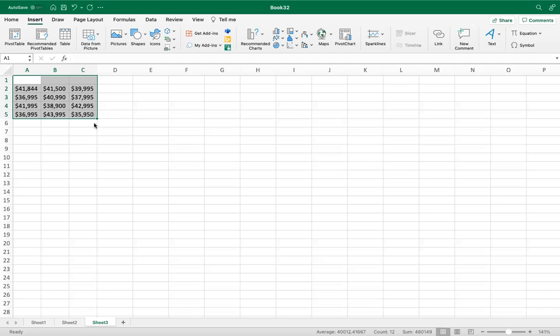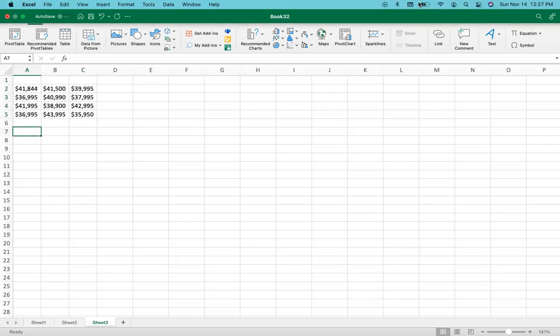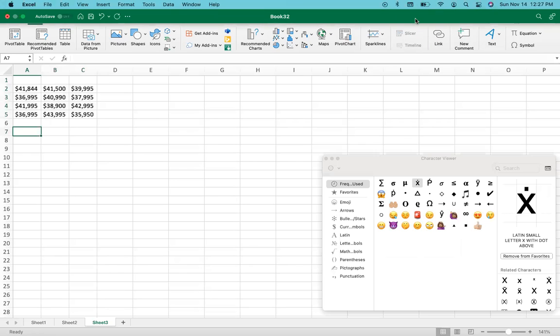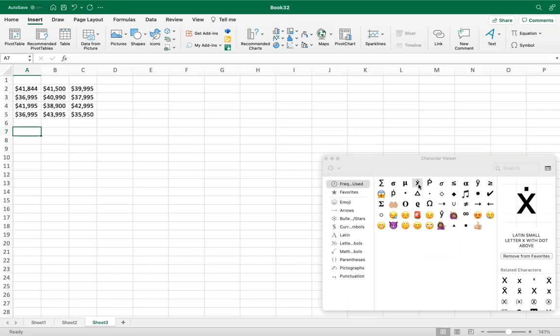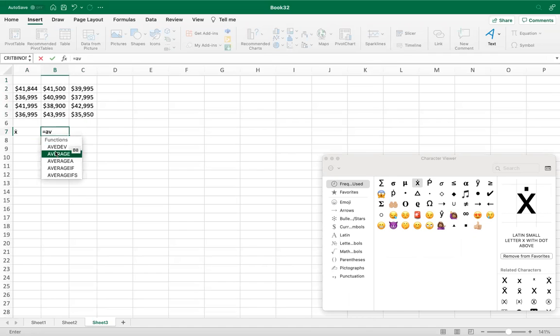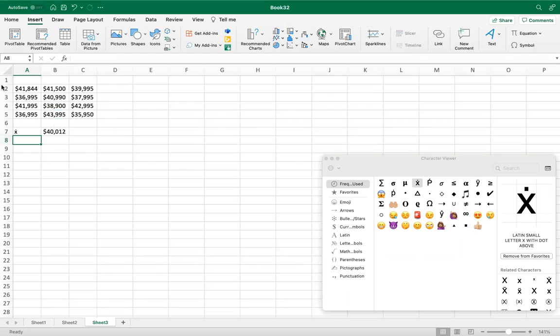Okay, so now that we have our data here, let's grab all the necessary information. We definitely need not p hat, we need our sample mean, x bar. So x bar is equal to the average of this data set. Perfect.